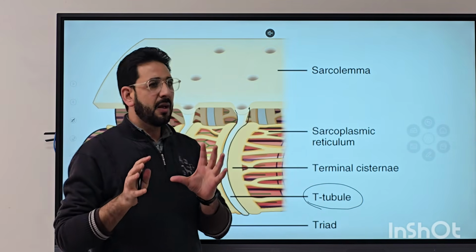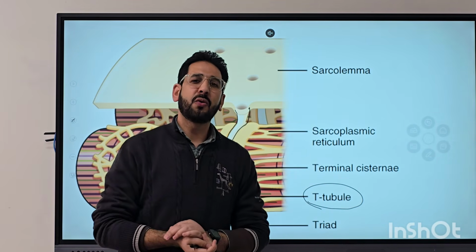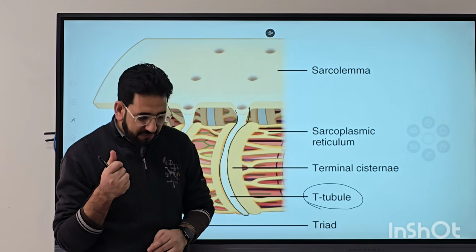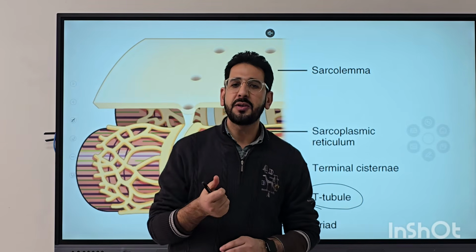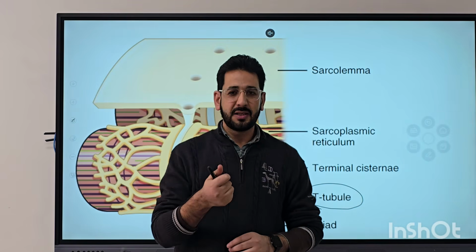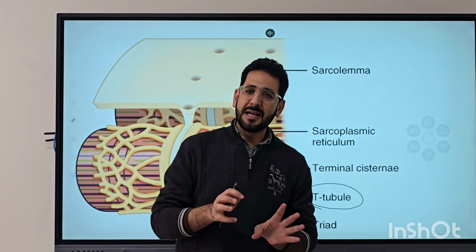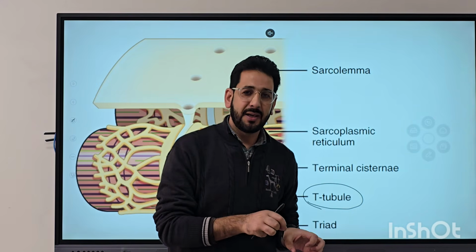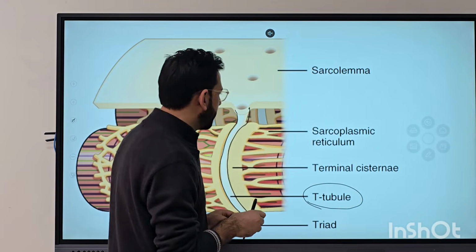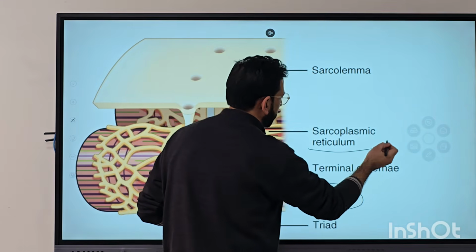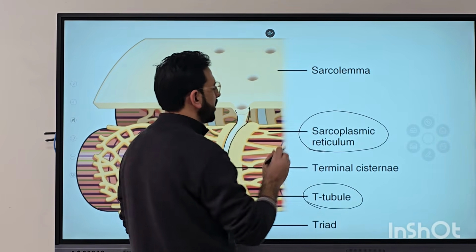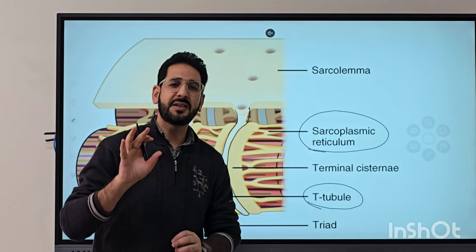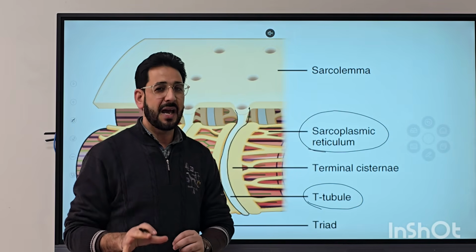Now, this skeletal muscle has to go for muscle contraction, and you might have an idea that there is a very important role of calcium in muscle contraction. That calcium is stored inside the cell in a cell organelle, the sarcoplasmic reticulum, which is highly developed inside skeletal muscle.